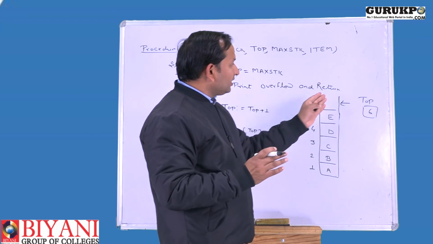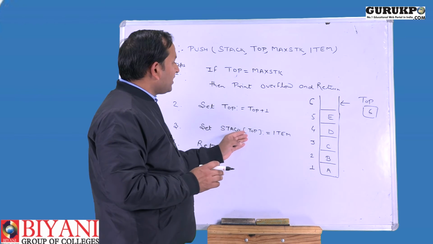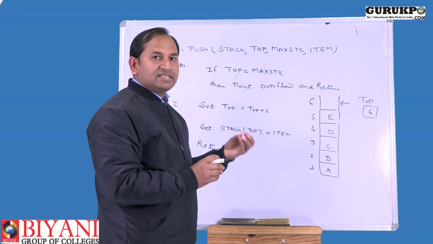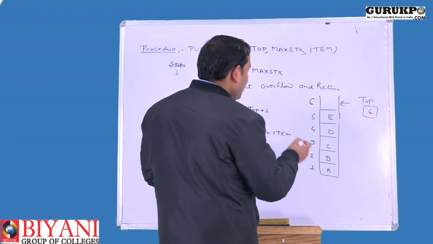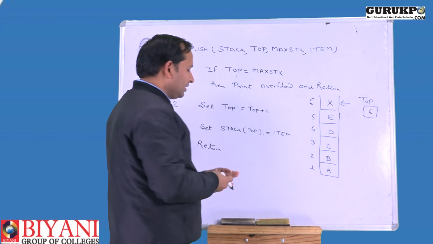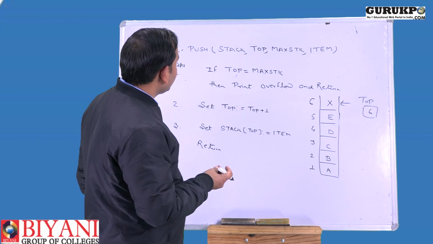Now, top will point to 6th position. Set STACK[TOP] equal to item. Then we have an item A, B, X, Y something. So, we will easily insert this item. Suppose item equal to X. So, now X will be stored in top position and return. So, we can easily insert item by using stack procedure.